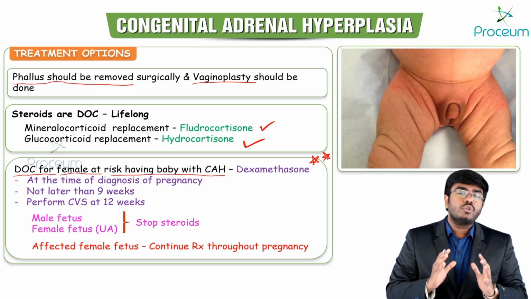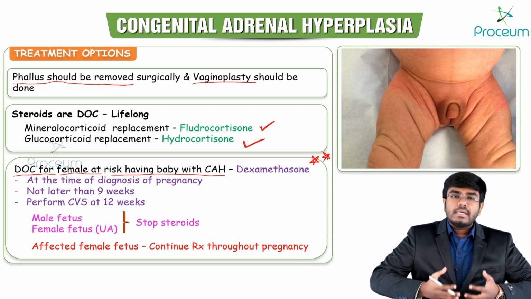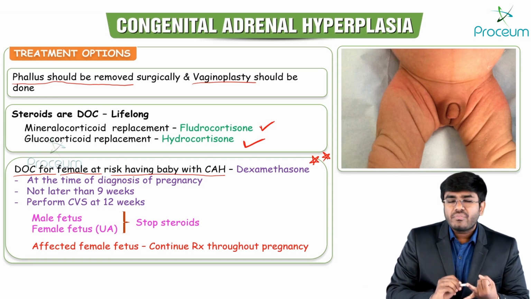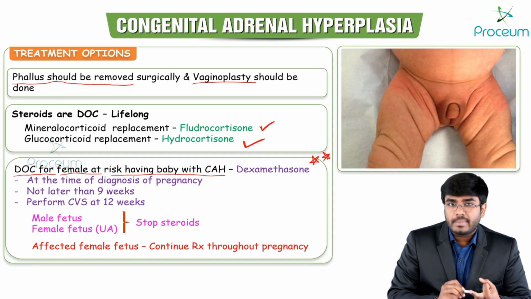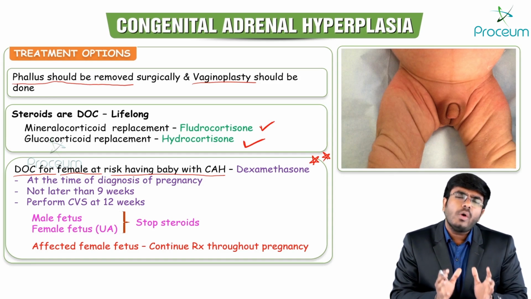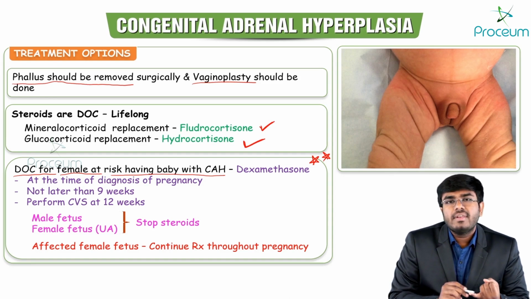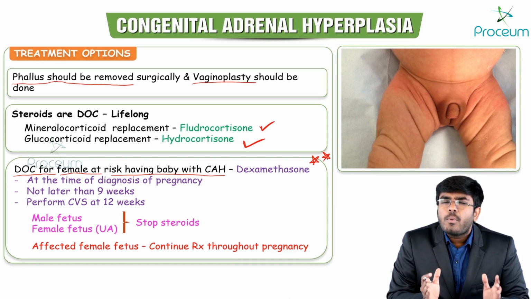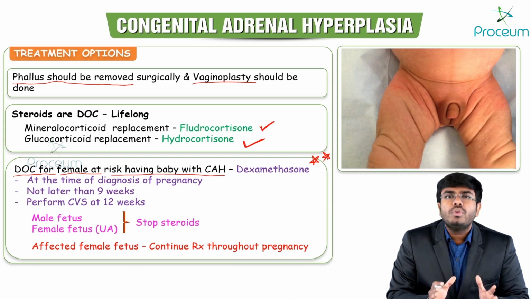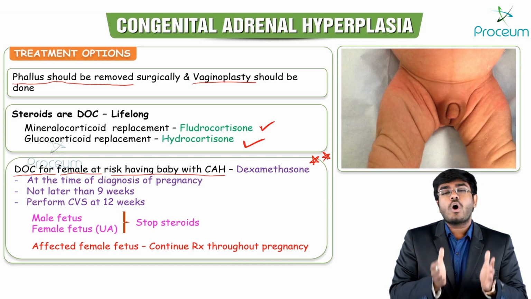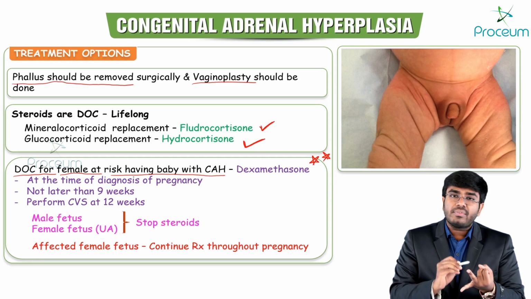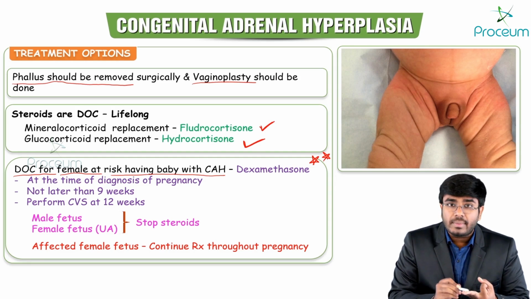So how should we know whether the child is a male, an unaffected female or an affected female? We can know it by doing chorionic villus sampling at 10 to 13 weeks. But the important point is that we are not going to perform chorionic villus sampling to know whether it's a male child, unaffected female or affected female.